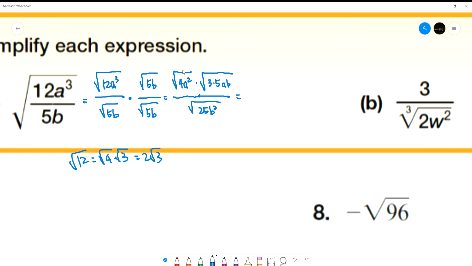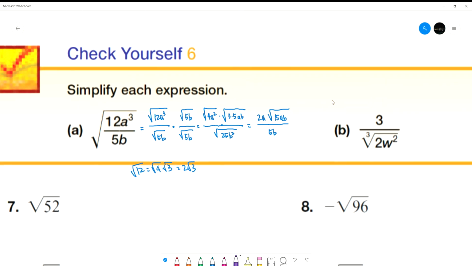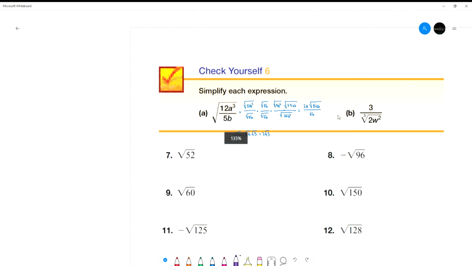So now I have this 4a squared. Radical 4a squared becomes 2a square root of 15ab over 5b. Then I double check outside the radical, anything canceling out? No, they do not. Okay, let's see the next problem.